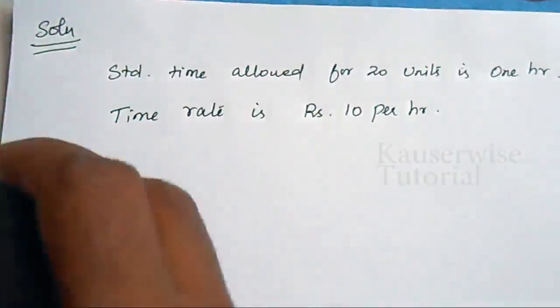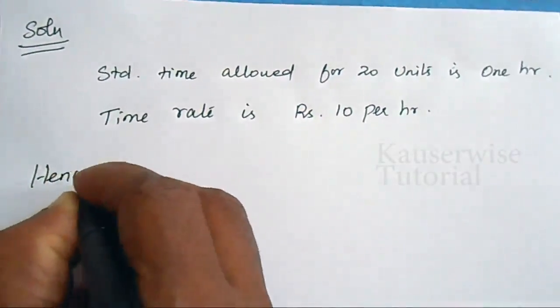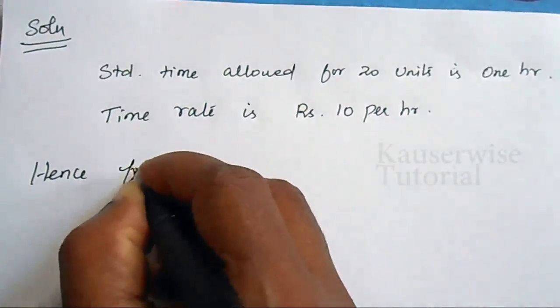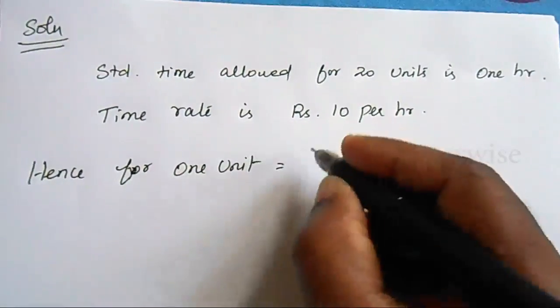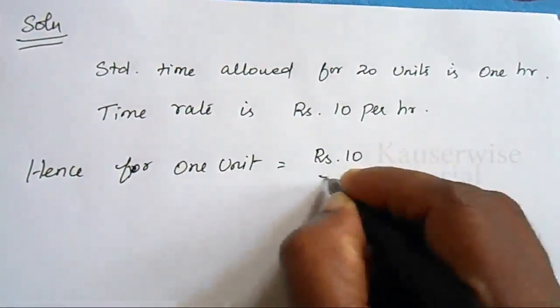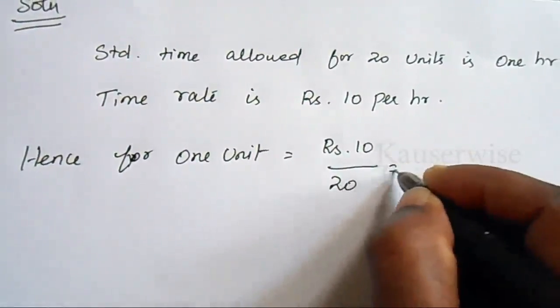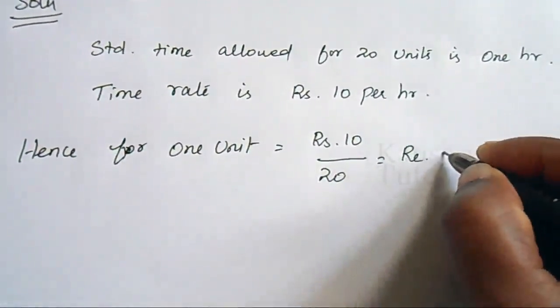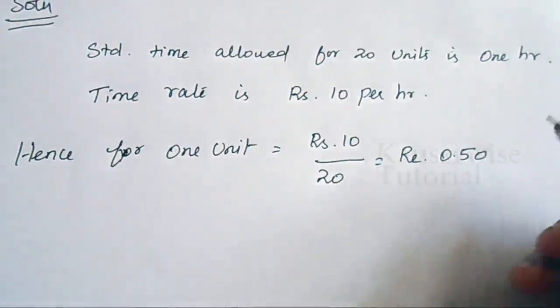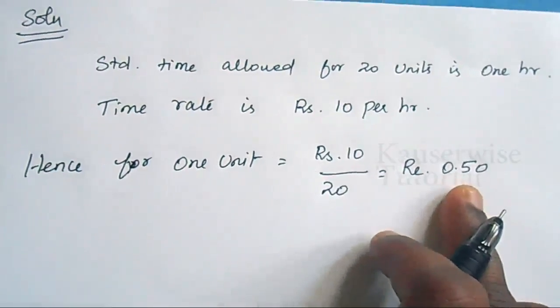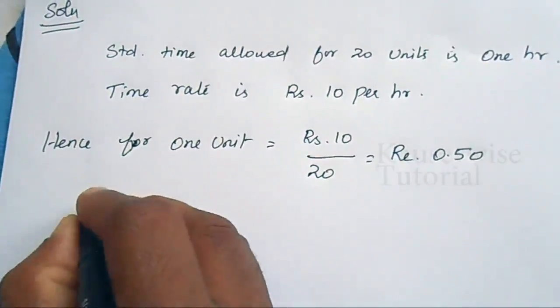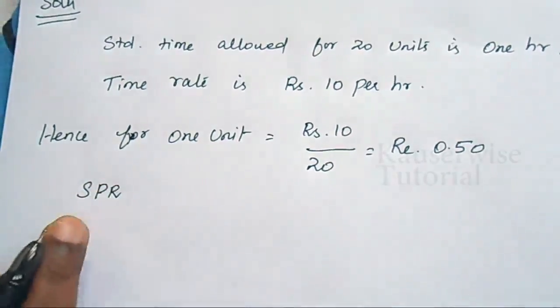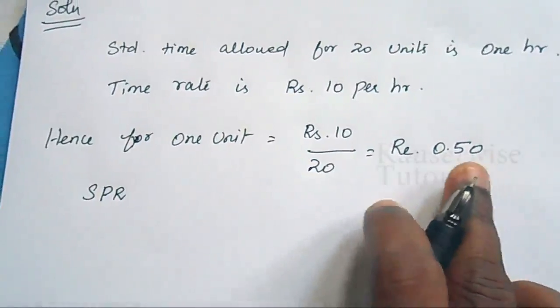Now, hence, for 1 unit is equal to rupees 10 divided by 20 units, that is 50 paise. So for every piece the person will get 50 paise. That is a straight piece rate, a fixed piece rate of 50 paise. How did we get this value?